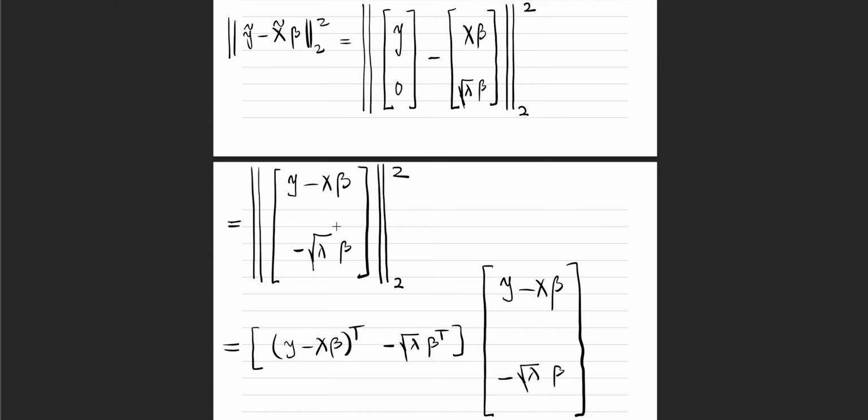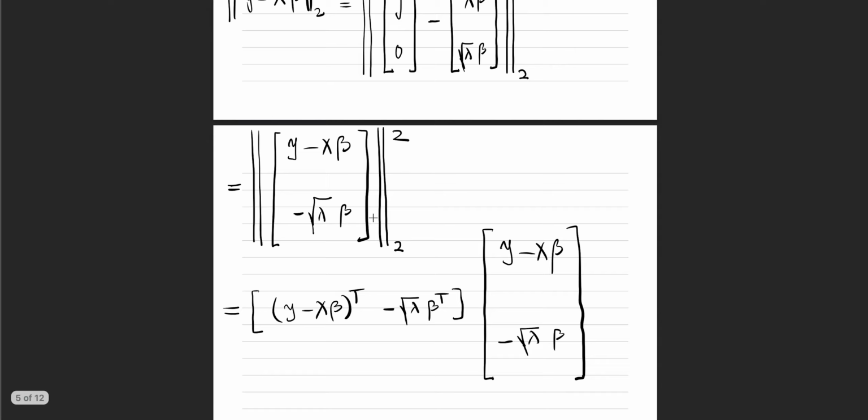So the L2 norm squared of this vector is that vector inner product with itself.